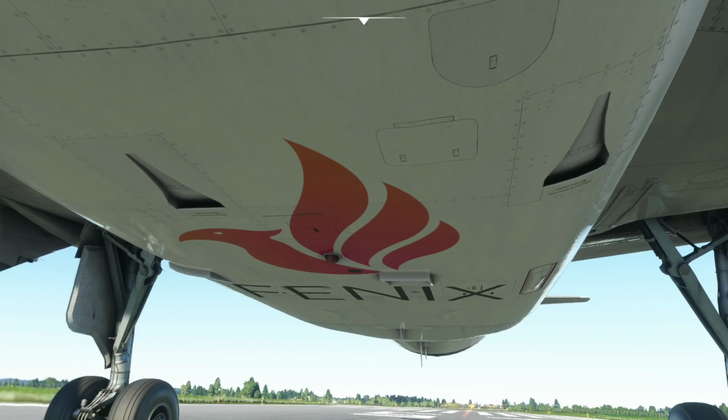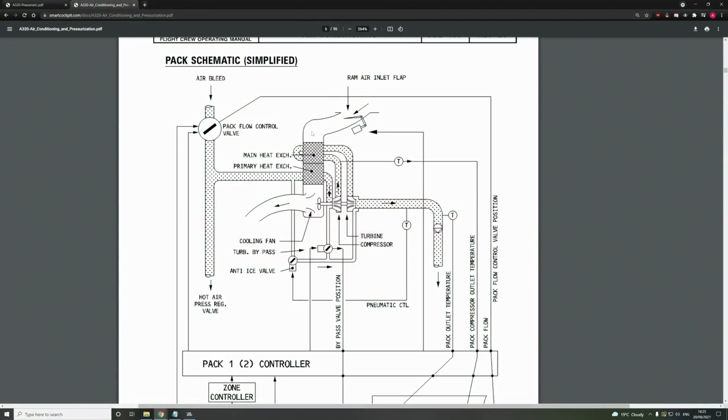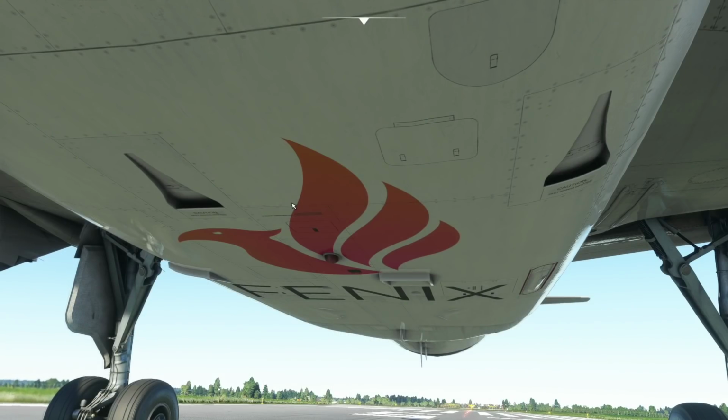Of course there's a bunch of air that's rammed into these when the airplane is flying along, and it's a bit of an interesting one because if you look at the diagram, you'll see that it is really quite a delicate system up here. And you don't really want some foreign object debris to come flying in here and destroy a bunch of ducting and whatnot. Given that it's on the belly of the airplane, Airbus naturally had to think about this.